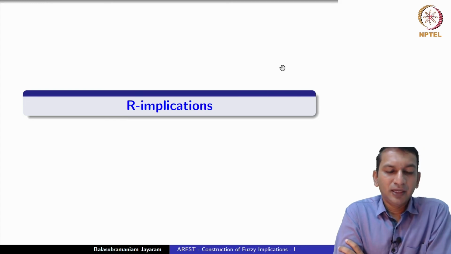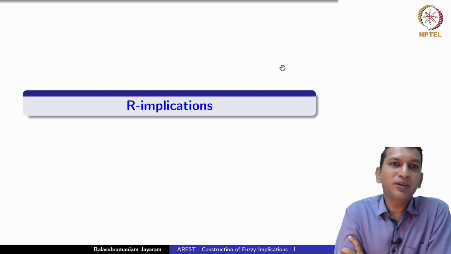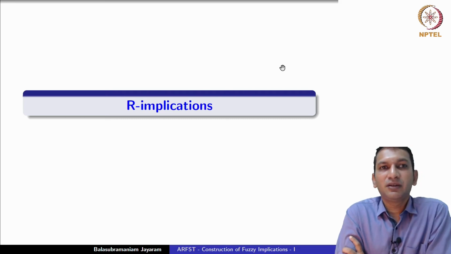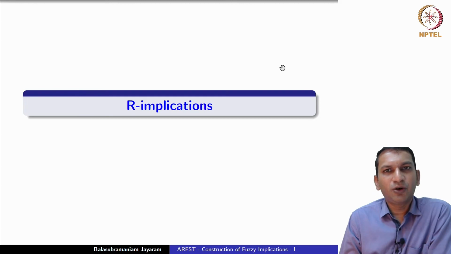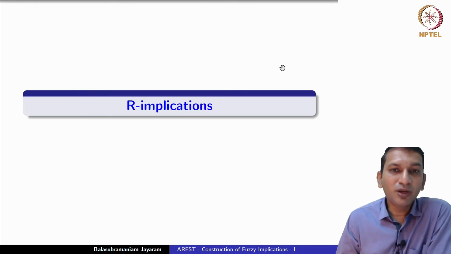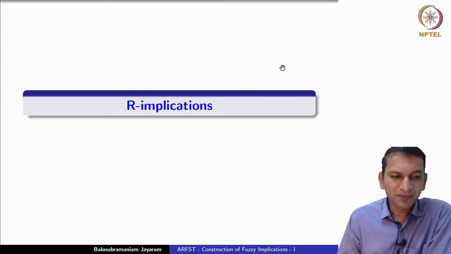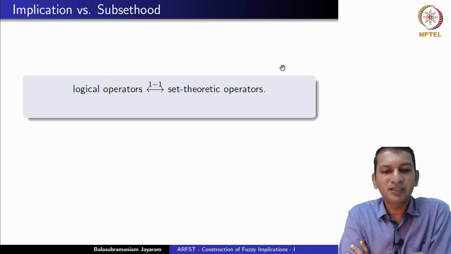Well, the second family of implications, and perhaps arguably the most important family of fuzzy implications, is called the R implication. These have had varied origins, but perhaps a good way to introduce them is to look at some correspondence between logic and set theory. We know that in the classical setting, the classical logical operations are related to corresponding set theoretic operations.